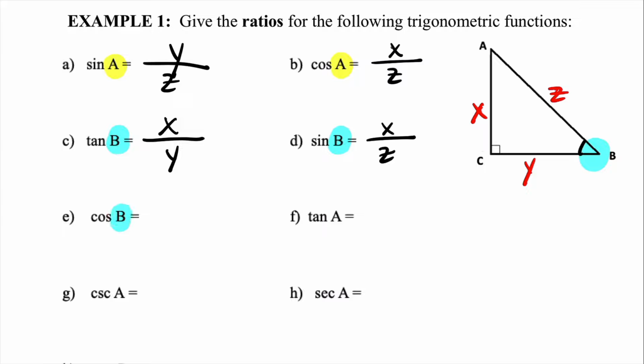Okay, letter E. Still at B. Cosine. Cosine is hypotenuse. So if I'm at B, or sorry, not hypotenuse, adjacent. Which one's adjacent to B? Not X. Y. Next to, right?